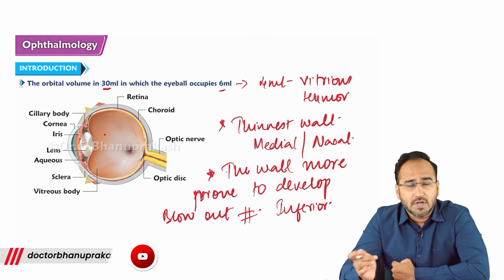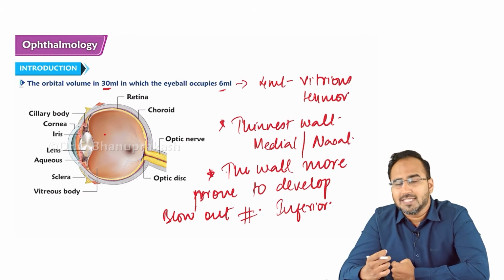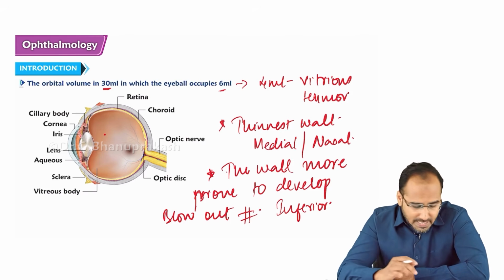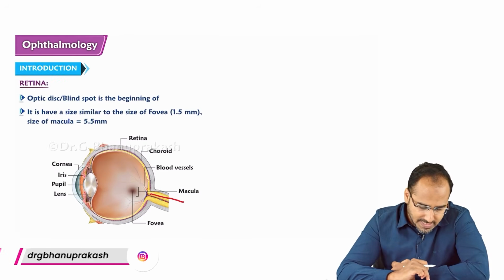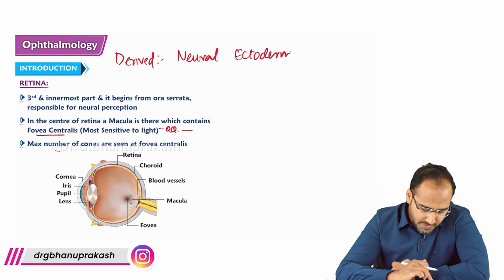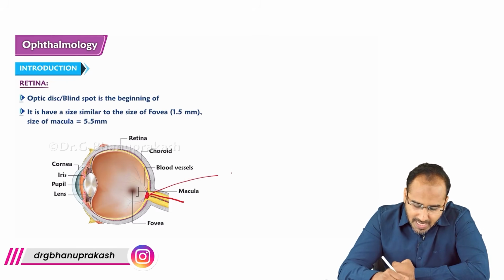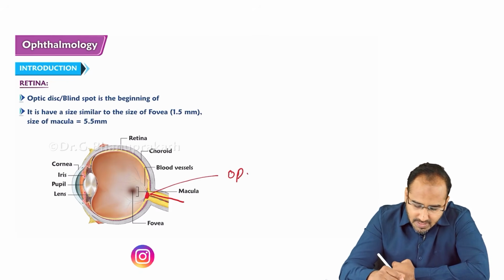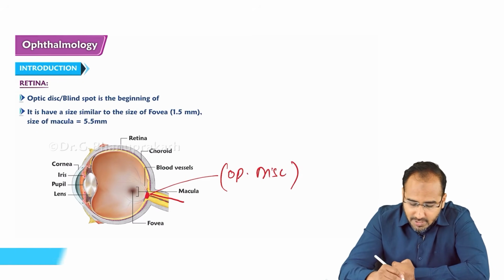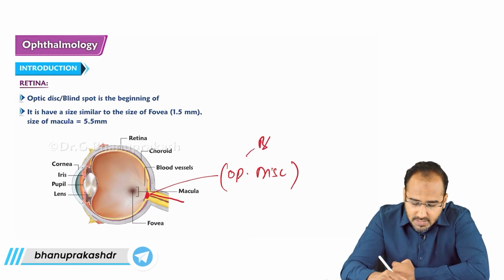So, the optic nerve is supplying the eye, and the beginning part of the optic nerve is called the optic disc. The beginning part of the optic nerve is called what, guys? Optic disc. That optic disc is also regarded as the blind spot of the eye.